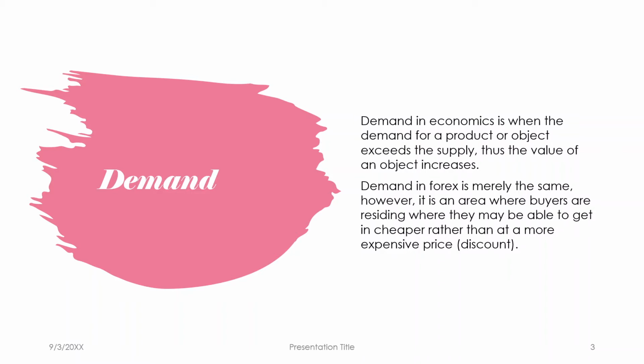It's just an area where buyers are residing where they may be able to get in cheaper rather than at a more expensive price. And so in the forex market, we call this a discount price, where buyers are able to come in and buy up contracts at a cheaper price rather than buying them at a more expensive price. So let's go ahead and look at the Nasdaq 100 charts and show you some examples that we took this past week and how we were able to bank on some trades using supply and demand zones.